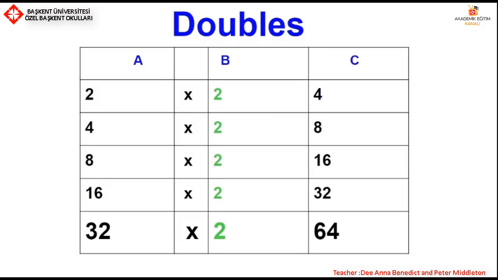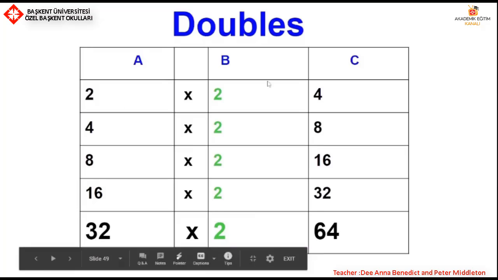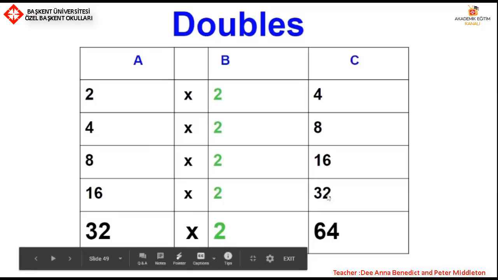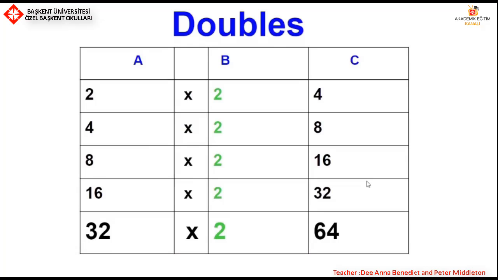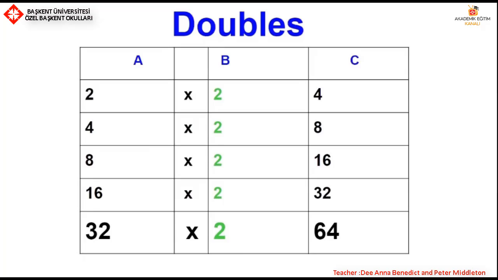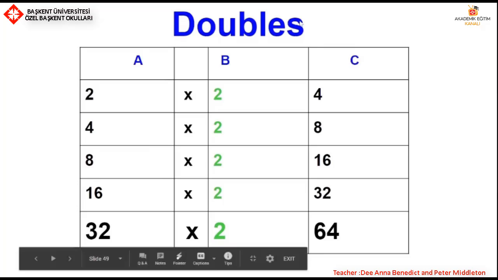This is the double. 2 times 2 equals 4. 4 times 2 equals 8. 8 times 2 equals 16. 16 times 2 equals 32. 32 times 2 equals 64. We got the same answer, but we multiplied by 2. We doubled it.